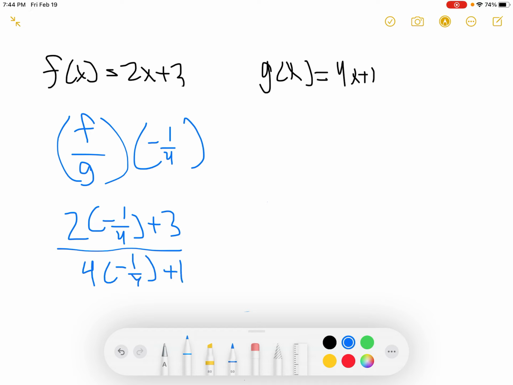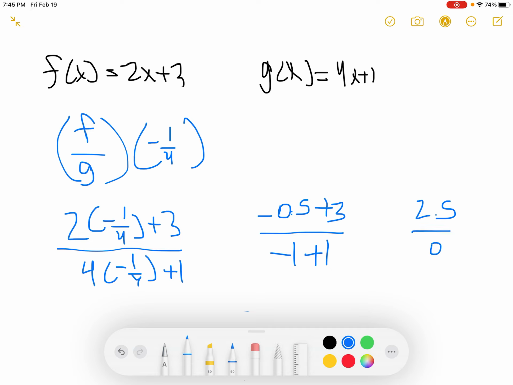We get 2 times negative 1/4 is negative 1/2. We'll just say negative 0.5 plus 3 divided by, that turns out to be negative 1 plus 1. So then we get 2.5 on top, and then we get 0 on the bottom.